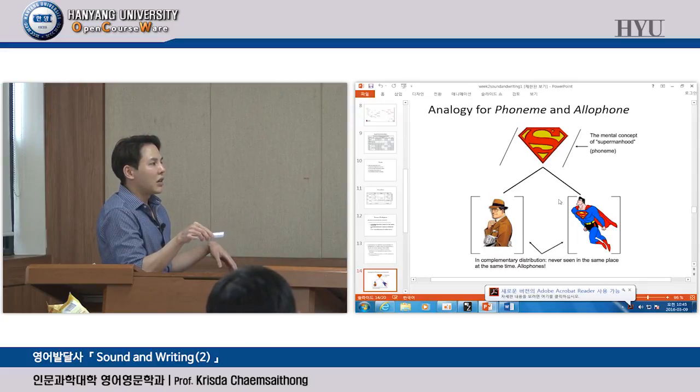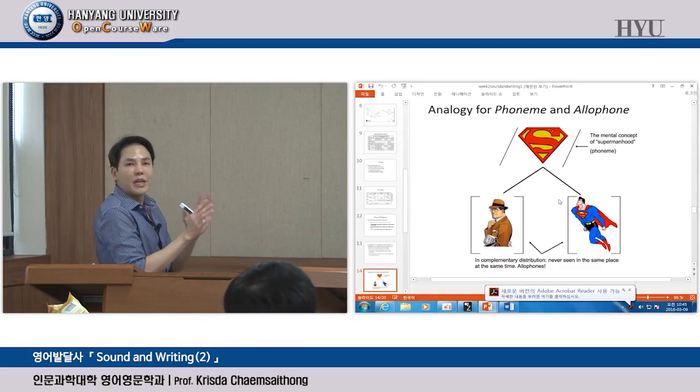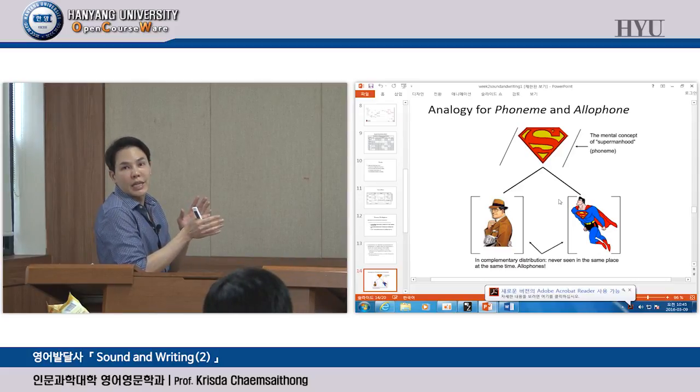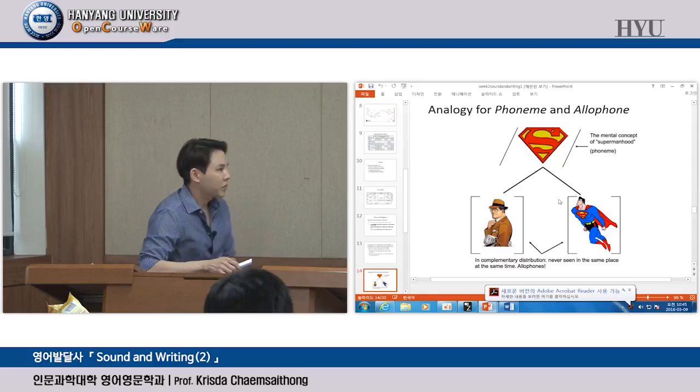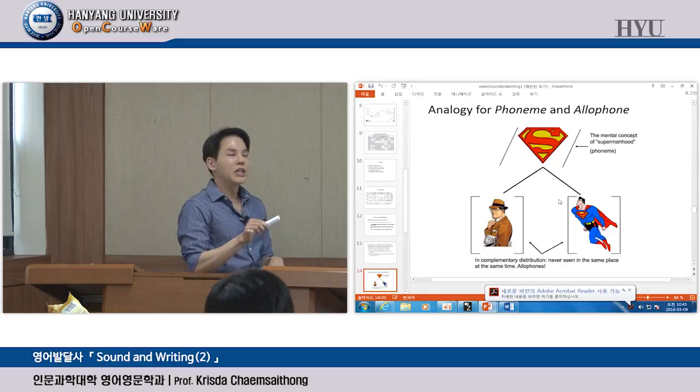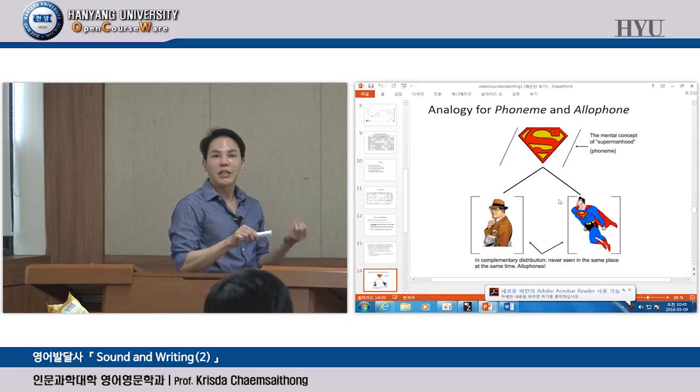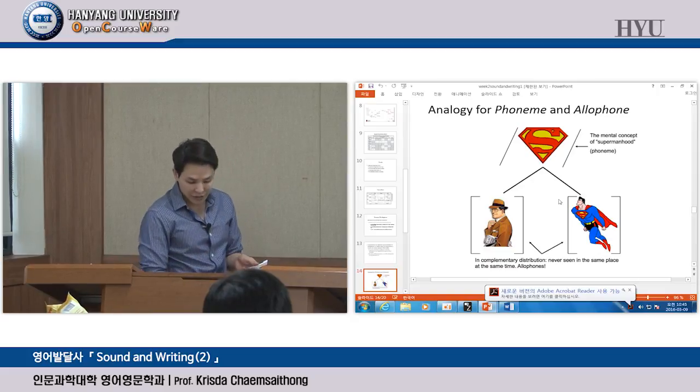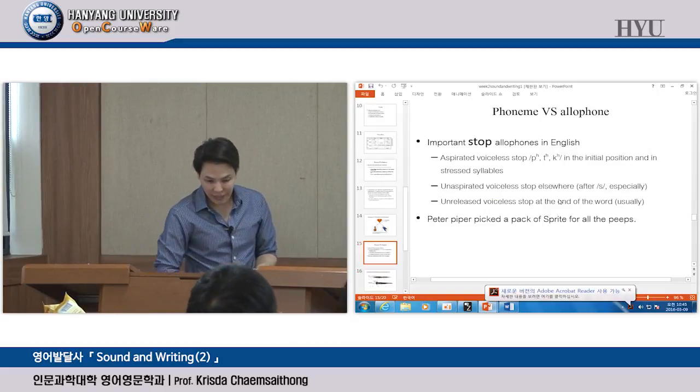You only see Clark Kent and then Superman, right? And they never appear in the same environment. They never appear in the same position because they are one and the same, right? So the phoneme is here, and then we have, in reality, different variants of the same phoneme, like that.